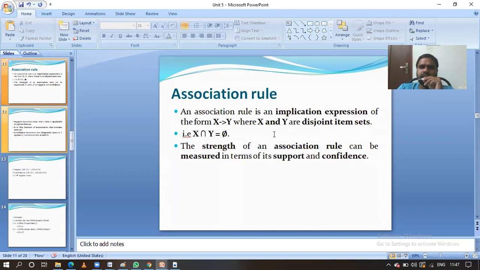And one more thing, guys, related to association rules: how are we going to calculate their strength? That is based on support and confidence. With the help of support and confidence, we are going to calculate the strength of an association rule.